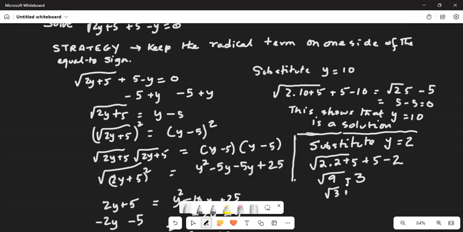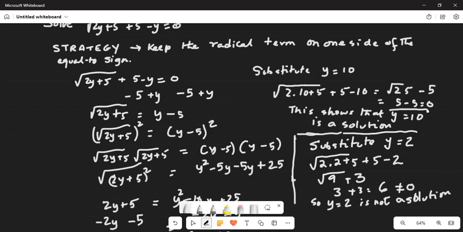Square root of 9 itself is 3, so that is 3 plus 3, which is 6, not equal to the right-hand side. So y equal to 2 is not a solution to the equation. Thus, the only solution to this equation is y equal to 10.